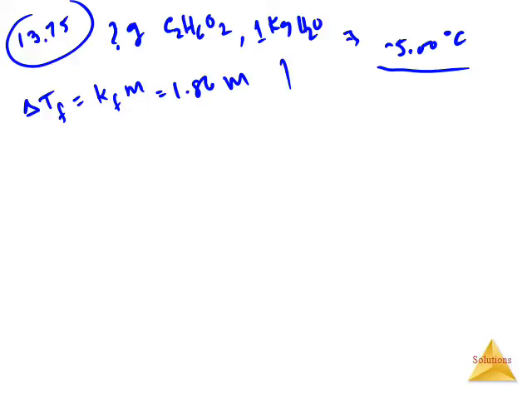Now keep something in mind, that freezing point delta TF is the depression. Delta TF would be given by how much it was depressed. So normal freezing point is 0 degrees centigrade for pure water, and it's depressed by this quantity, so it'll be minus 5.00. So that gives me 5.